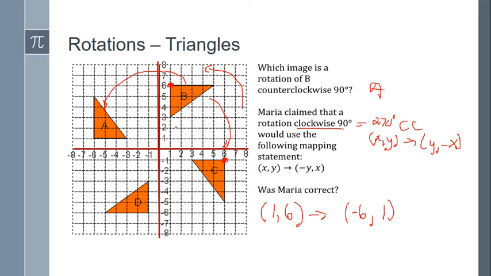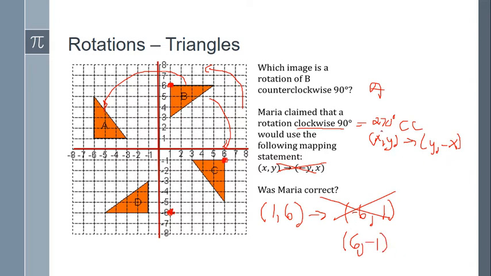All right, well, let's see. The (-6, 1) would be right here, not where it actually is in the picture. So already we know this cannot be correct. Let's go ahead and see where this point correctly is mapped using a 90-degree clockwise rotation. Well, the new point ends up at x is 6 and the y coordinate is negative 1.